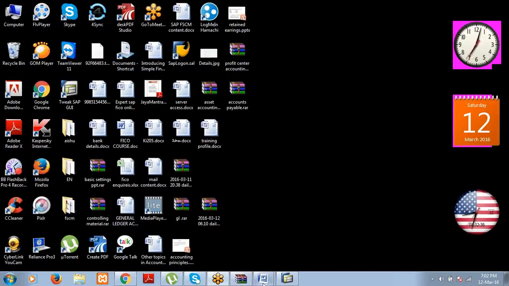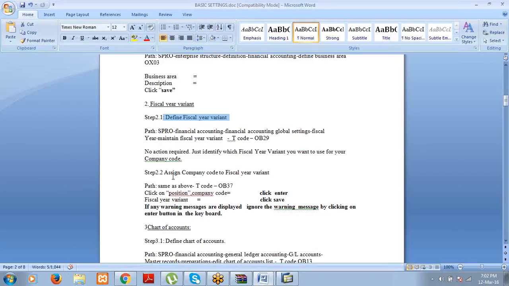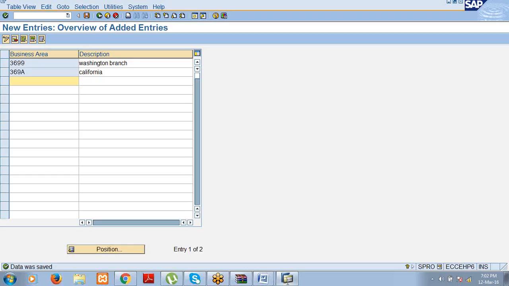Now see the material. Define fiscal year variant. Transaction code OB29.